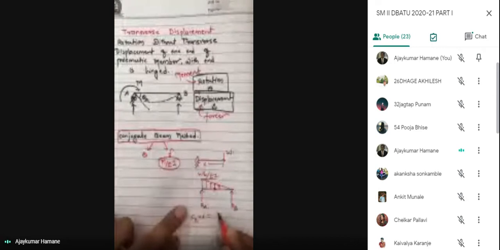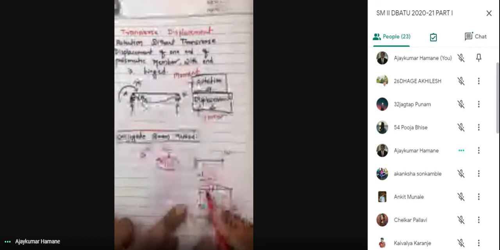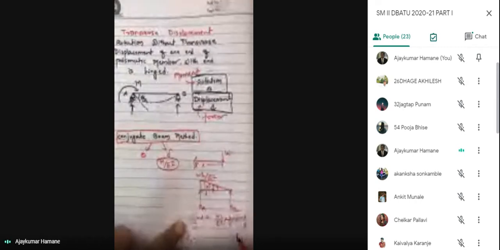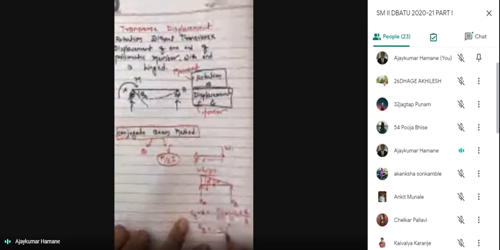RB into L equals WL by EI into half into L, the total load, which acts at the CG point, one third of L. L and L get cancelled. So RB equals WL square upon 6 EI.